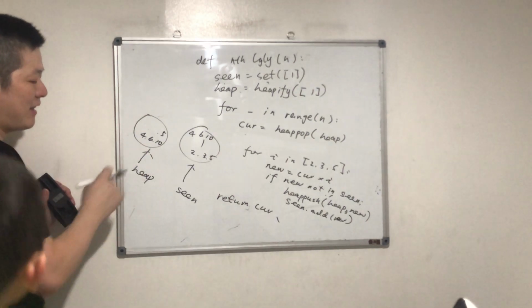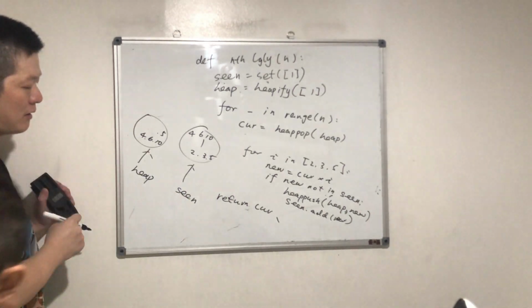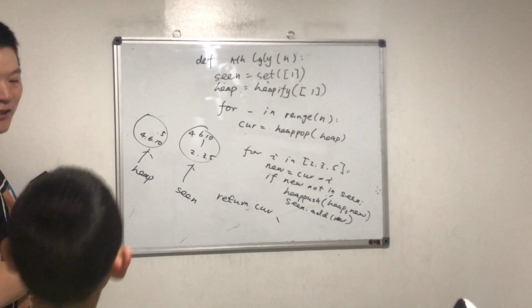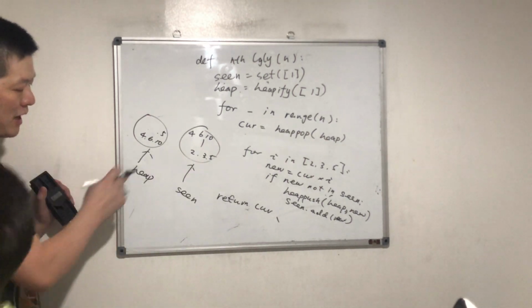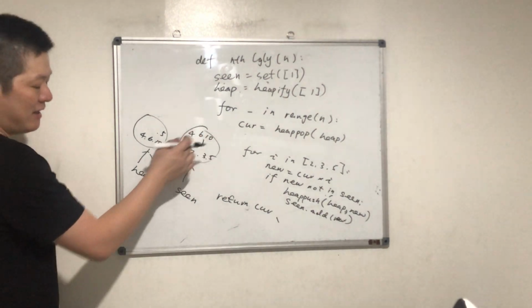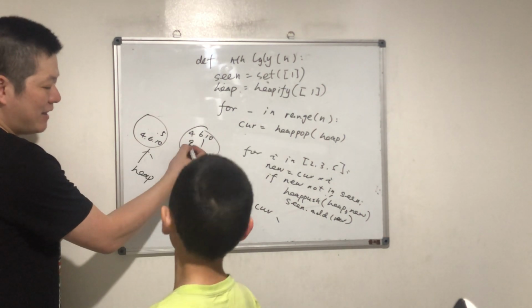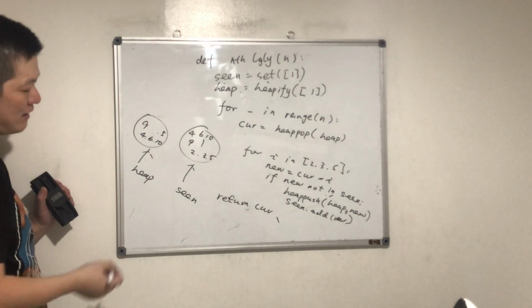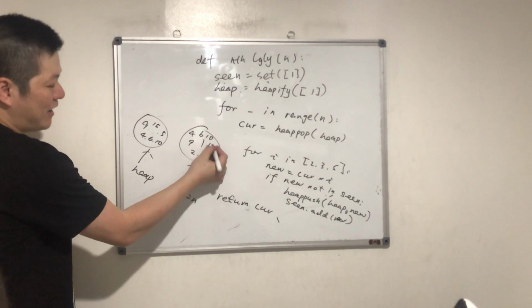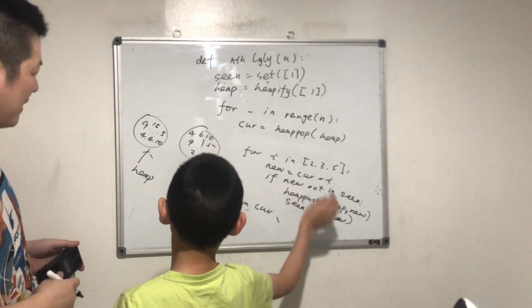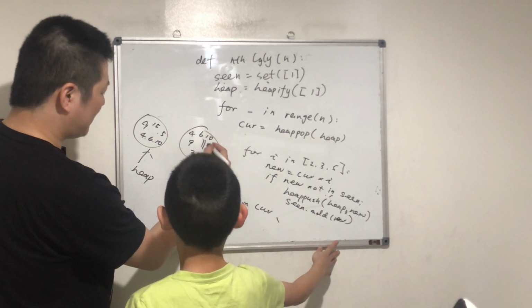I take the 3 and multiply by 2, which is 6. We have already seen 6. Times 3 is 9, and times 5 is 15. Okay, so does it make sense?